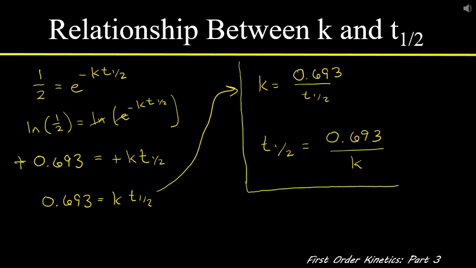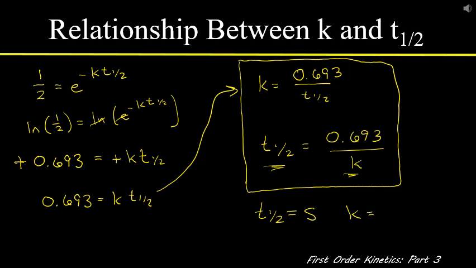I don't know whether that makes it easier to remember or harder to remember, if it makes it look a little tricky. But just remember the 0.693, and you can also remember that if you're trying to calculate the half-life from the rate constant, you've got to divide by the rate constant, because half-life is going to have units of seconds, and the rate constant is going to have units of reciprocal seconds.